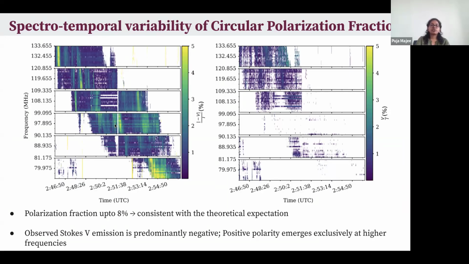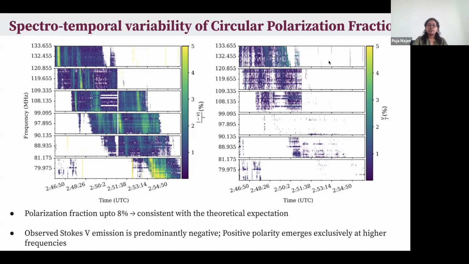The left side shows you the negative circularly polarized source, and the right side shows you the positively circularly polarized source. As you can see here, the negatively circularly polarized fraction goes up to 8%, which shows us that this has a very weakly circularly polarized emission, which is again what we expect, the harmonic emission to be weakly circularly polarized.